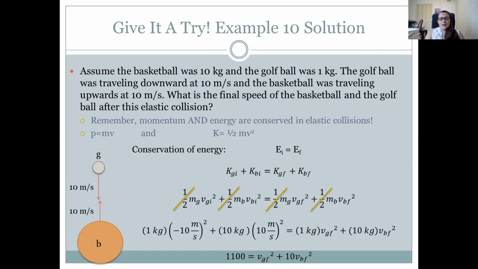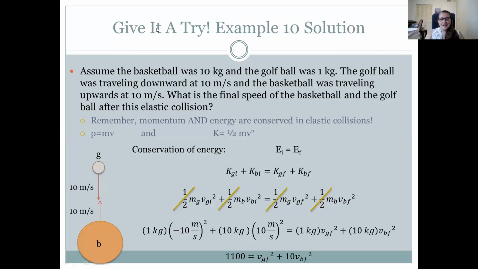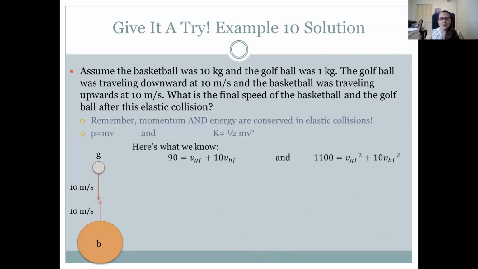Okay. Well, at this point, we've kind of gone as far as we can go with energy, and we're still not at our final answer. We are closer, so that's helpful. But here are the things that we know so far. We know from our momentum approach that 90 equals VGF plus 10 VBF.